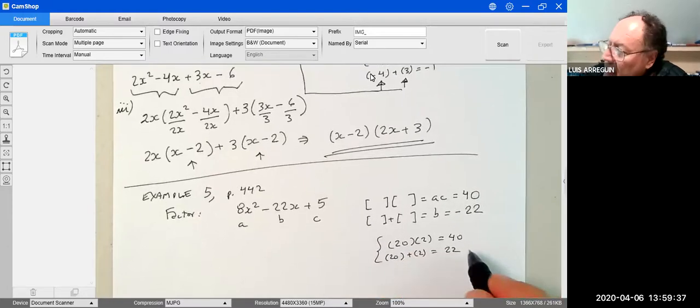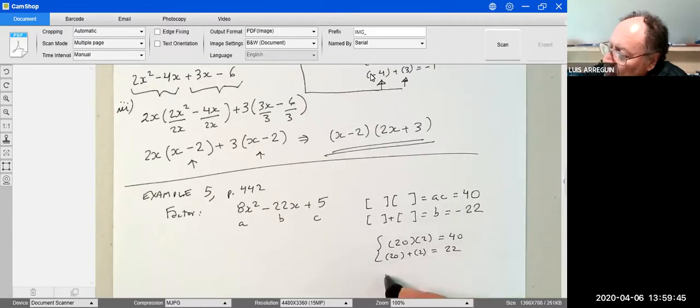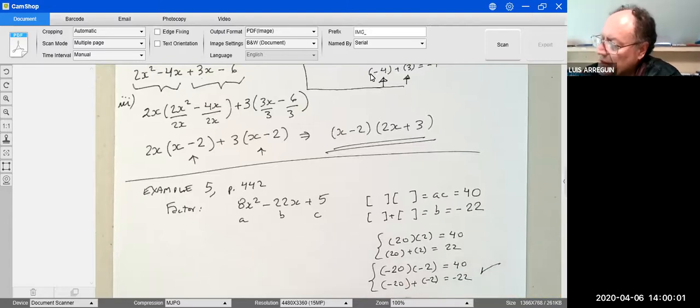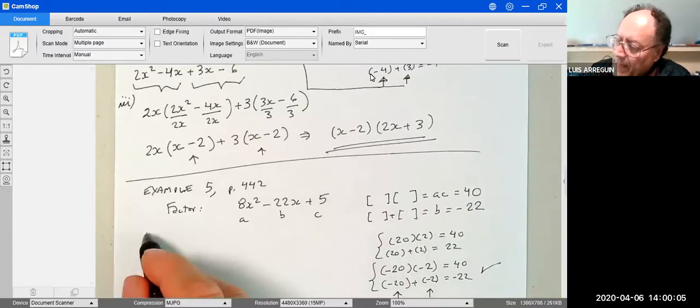So we got 22, but with the opposite sign. So I just need to switch signs. So it's going to be negative 20, negative 2. So the product is still 40, and negative 20 plus negative 2 is going to be negative 22. So that works for us. So these are my two numbers, the ones I was looking for.